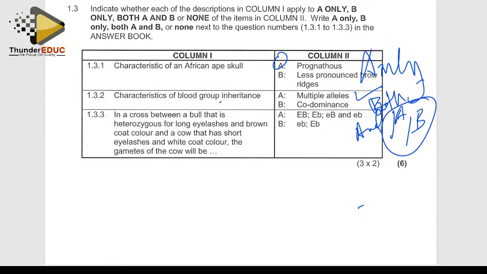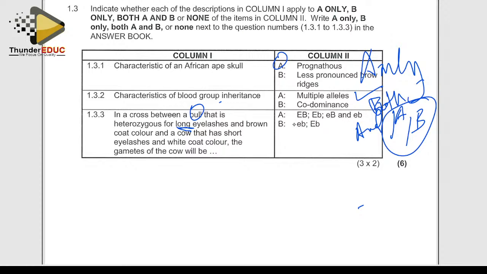Then they're saying that in a cross between the bull, remember it's a male cow, I don't know whether I'm saying it right, a male bull is heterozygous for long eyelashes and brown coat. The moment you say heterozygous, it means long eyelashes and brown color are both dominant.